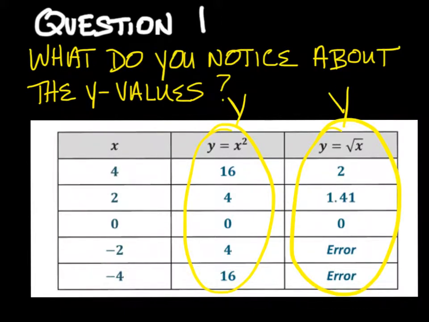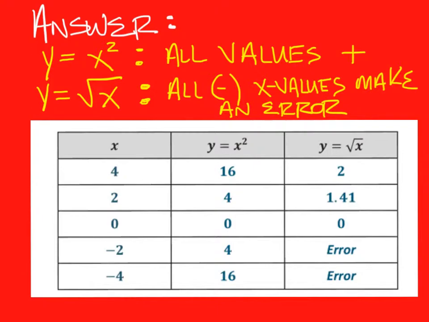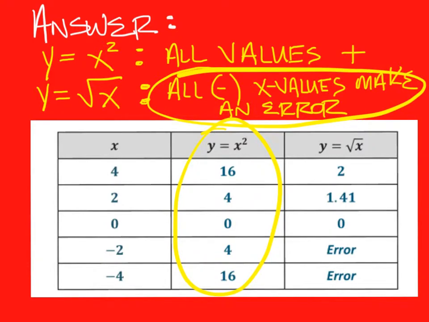What do you notice between the two? Are these all numbers? So this is different. Whenever x is negative, you come back with an error when you're finding the square root of x. All values are positive for y equals x squared. And then all negative values come back with an error when you find the square root. That's the difference between the two.